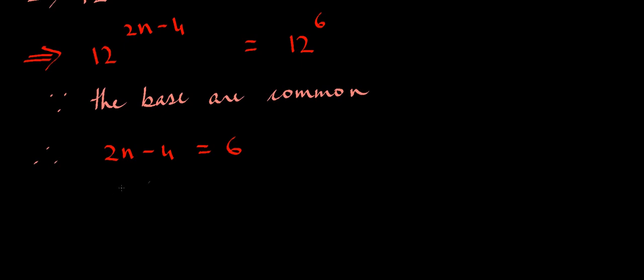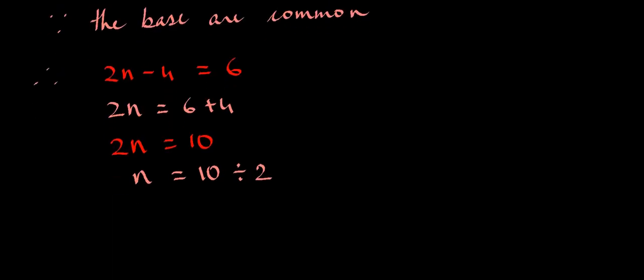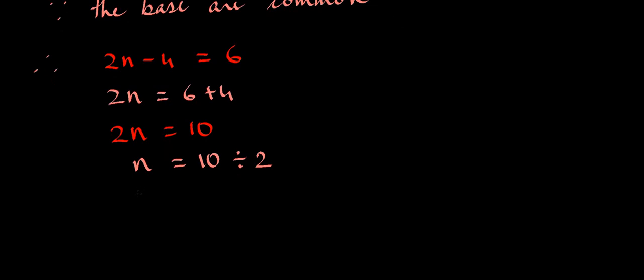Now what happens? We can say 2n is equal to, this is an algebraic equation, so we have 6 plus 4. Therefore 2n is equal to 10. Therefore n is equal to 10 divided by 2, and that's equal to 5. So we have the value of n as 5.